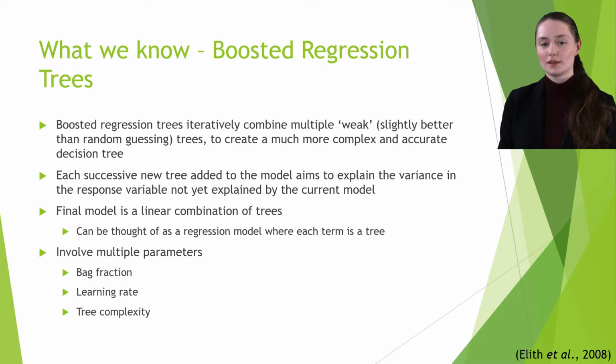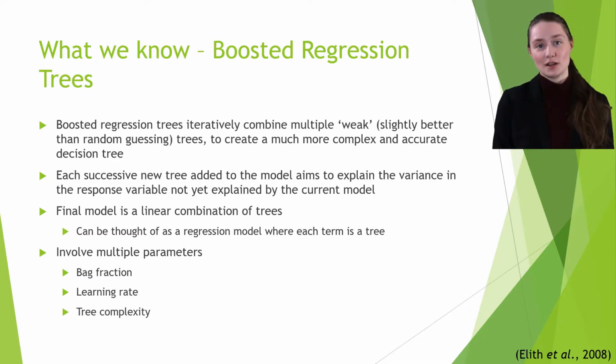The final model is a linear combination of trees, which can just be thought of as a regression model, which has each term being a tree. Multiple parameters can be used to define this, and this can change the final tree. The main ones are bag fraction, learning rate, and tree complexity, and we'll discuss all of these.